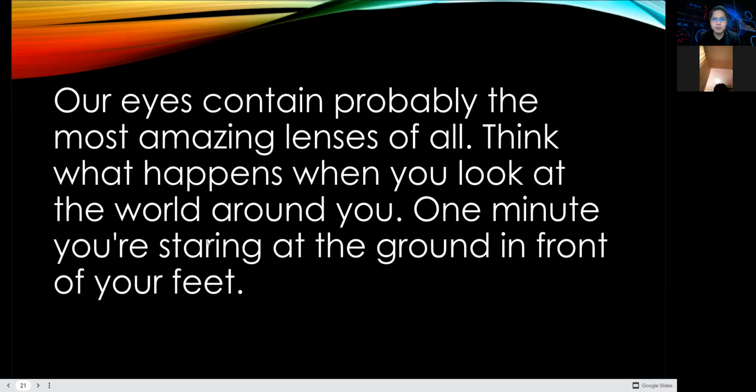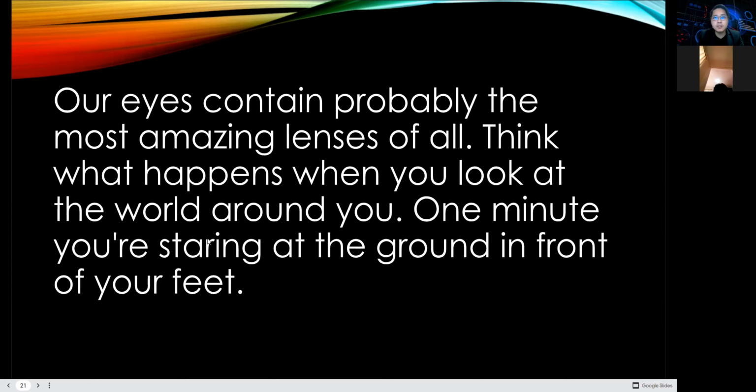Think what happens when you look at the world around you. One minute, you're staring at the ground in front of your feet. The demonstration here looks like how your eyes focus. You can focus on something, and if you observe the surroundings of your subject, the one that you are focusing on, it becomes blurry, correct?